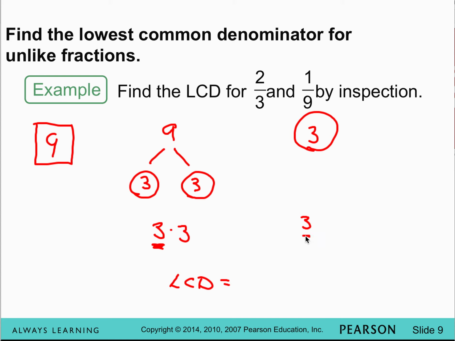Because both of these have a factor of 3, I would take that 3. And then if there's any extra ones left over, like this 3, I'm going to take it also. Okay, notice we got 9, like we already knew it was. But here's our method. So we're going to practice that. They're going to build up a little bit, but we'll keep practicing this in addition to showing the shortcut so that we have both options available.